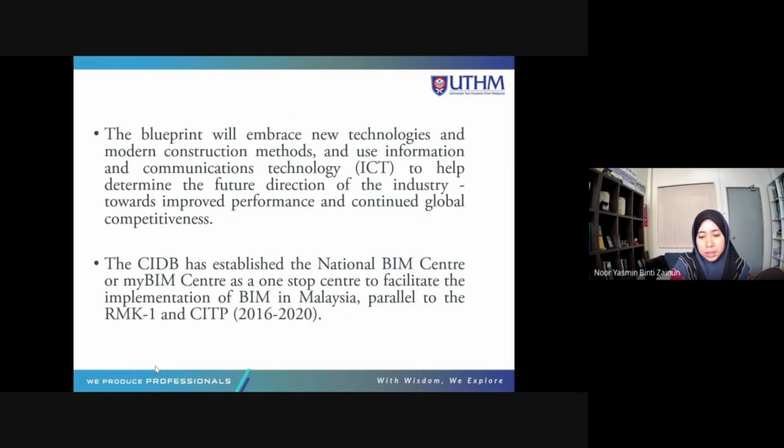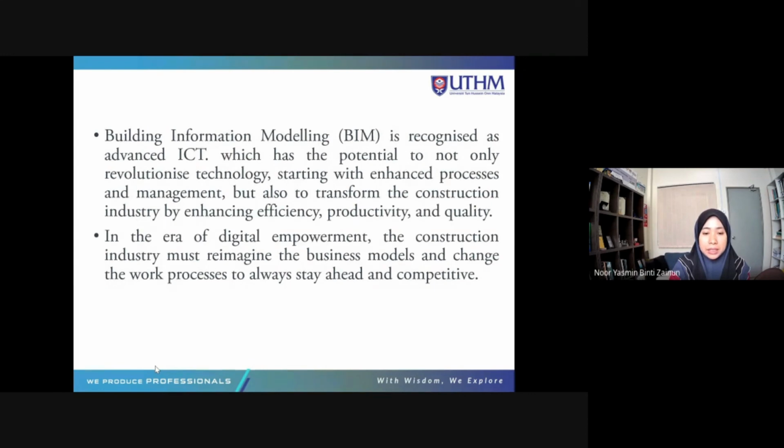So BIM is actually one of the ICT, information and communication technology, to help for the future construction. So CIDB in Malaysia also has established the National BIM Center or MyBIM as one of the one-stop centers to facilitate the implementation of BIM in Malaysia.